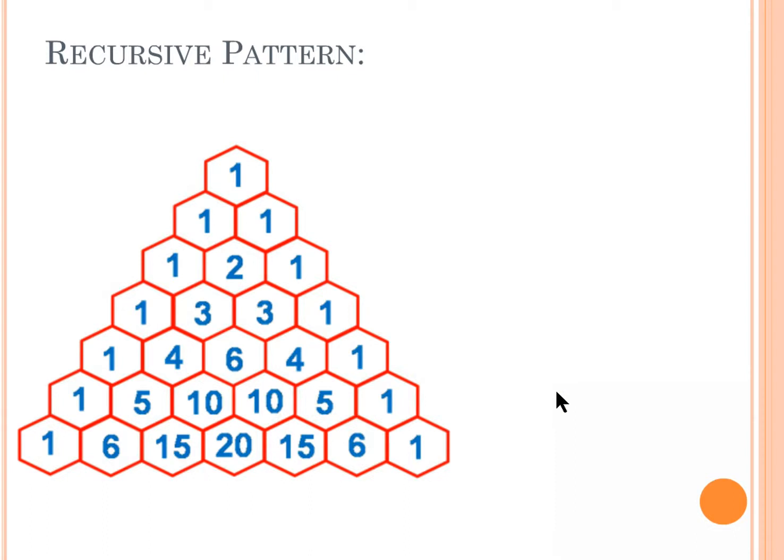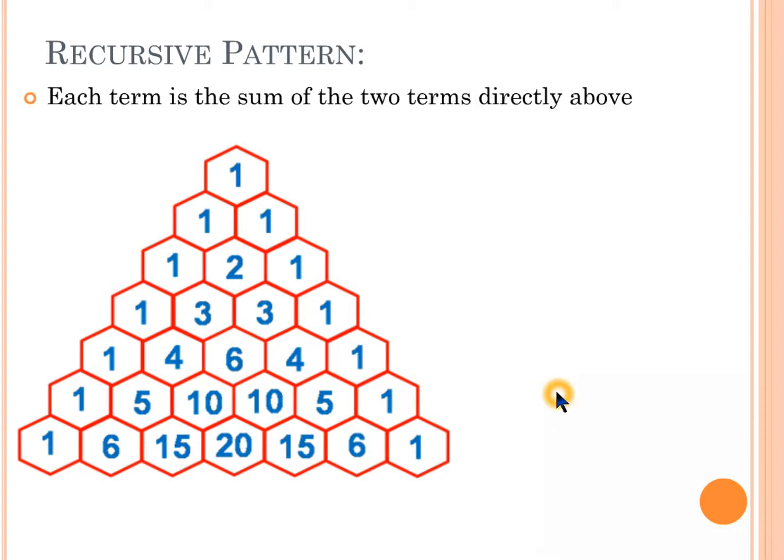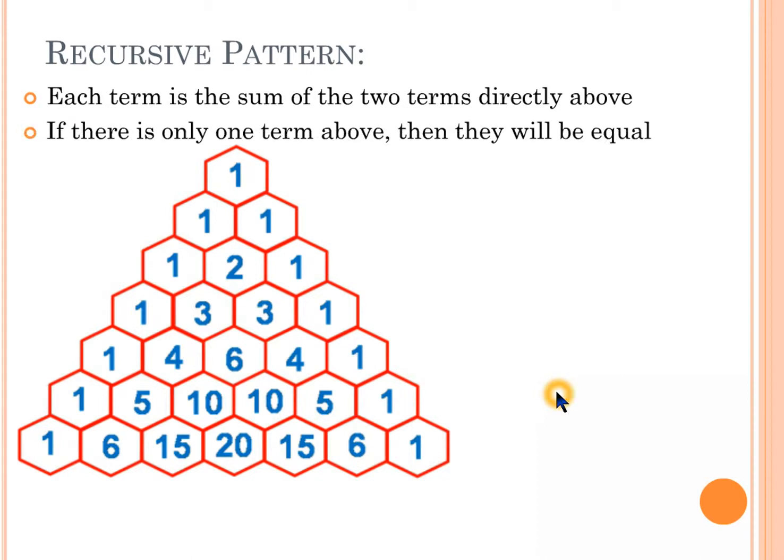All right, let's take a look at another example, a recursive pattern. Each term is the sum of the two terms directly above. If there is only one term above, then they will be equal. So I know this one here and this one here. If I add them together, I get 2. So 1 choose 0 plus 1 choose 1 equals 2, which is 2 choose 1.